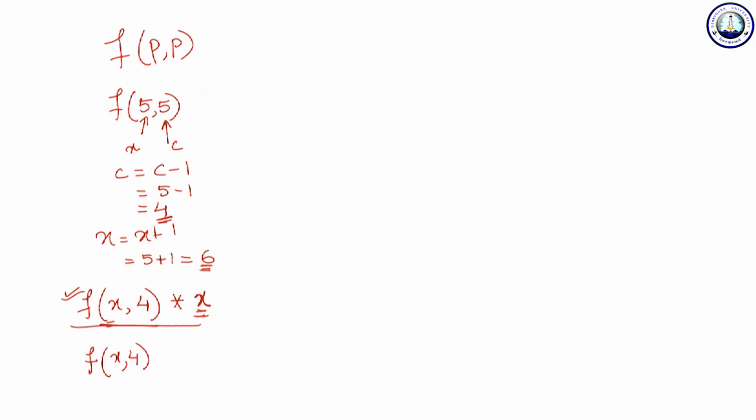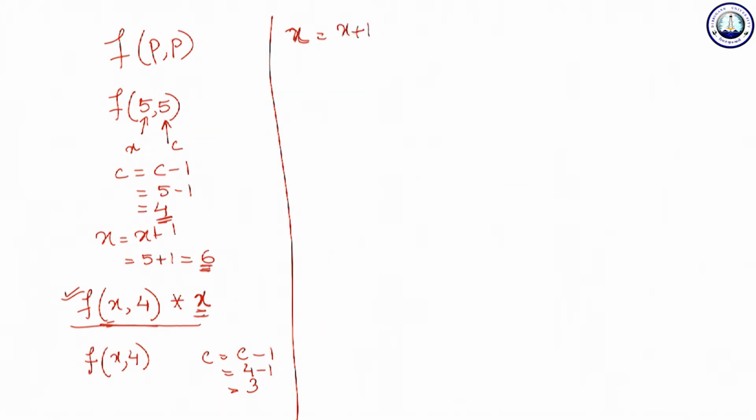Your c is equal to c minus 1, that is 4 minus 1 is equal to 3, and x plus 1, where x is 6, so 6 plus 1 is equal to 7.